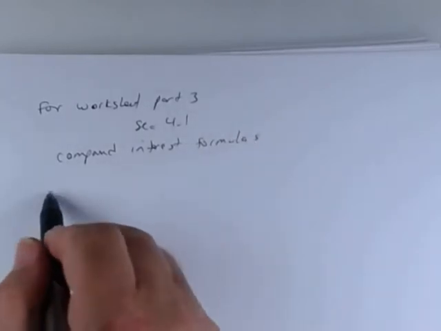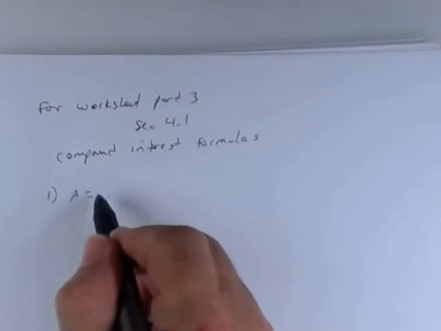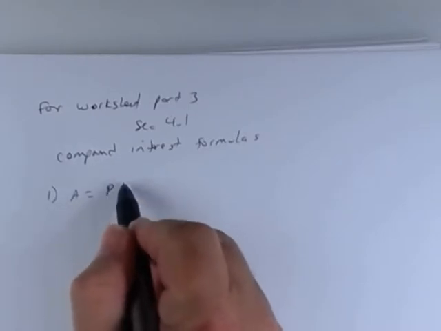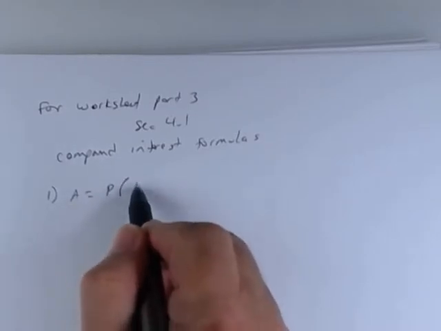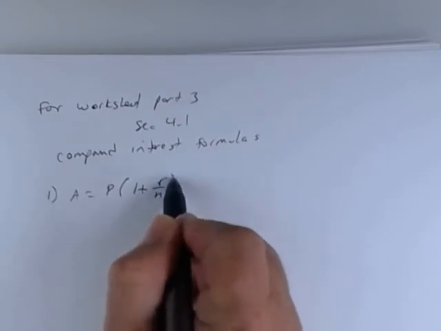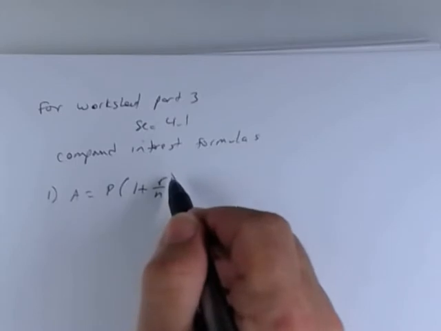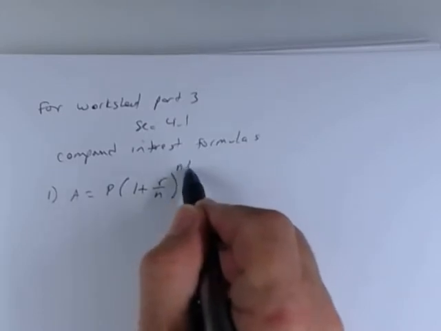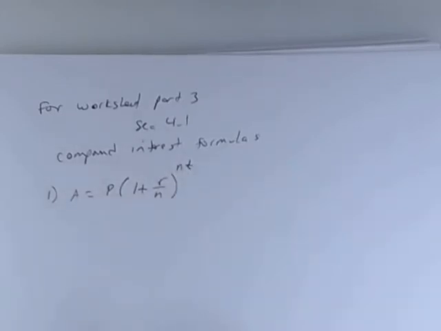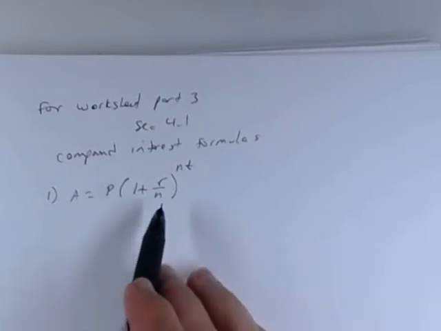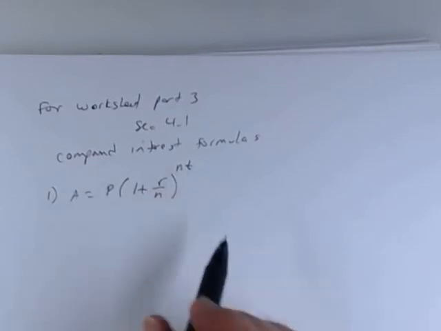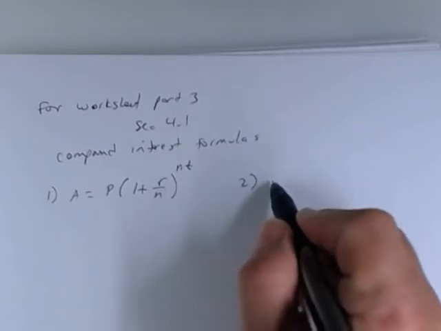So the first one is this one. A equals P times, in parentheses, 1 plus R over N, and that stuff inside the parentheses is being raised to a power, and that power is NT. There's another compound interest formula, number 2, which is just this.